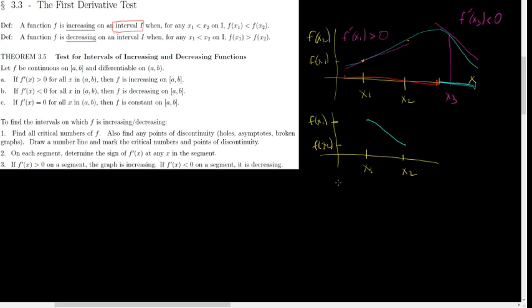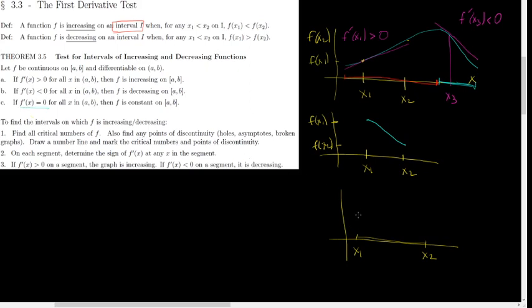There's a third possibility, of course. Let's say this is my x1, and way over here is my x2. Suppose that the derivative was 0, not just at these points, but everywhere in between. So for all these points, we get a function whose derivative is identically 0.